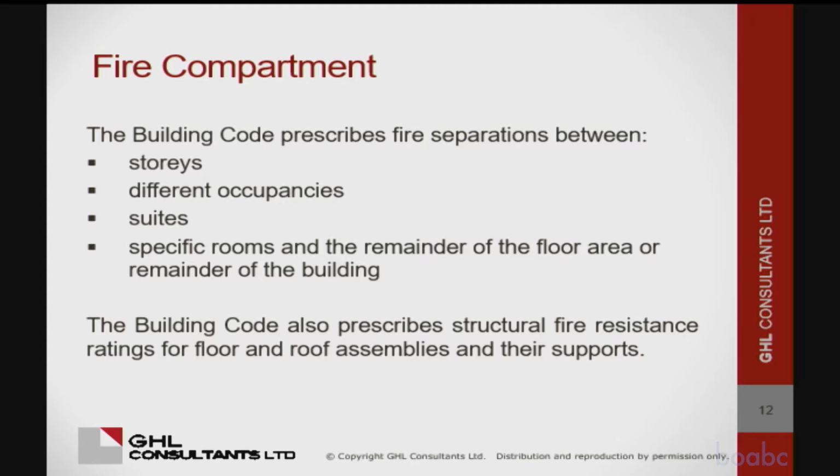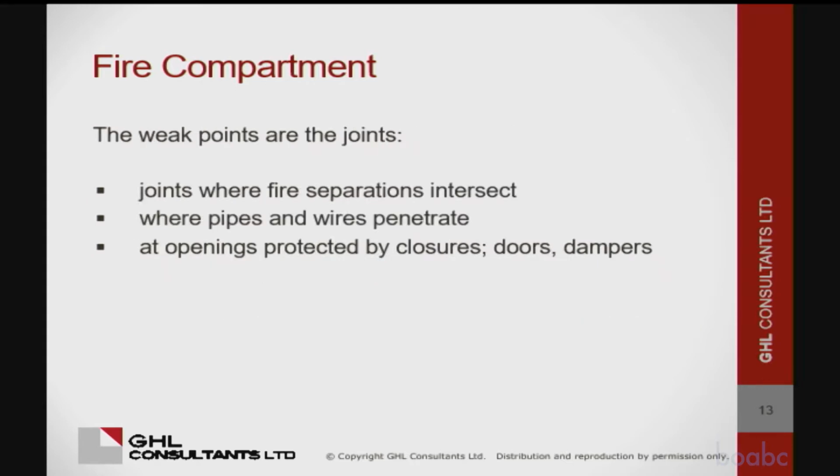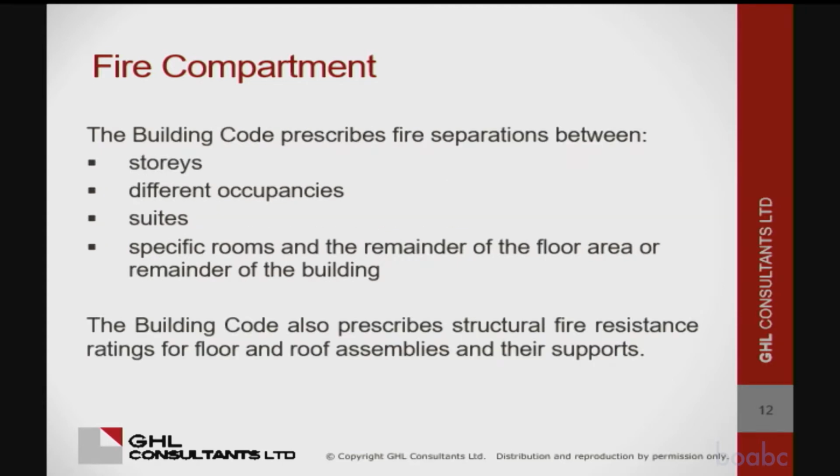The building code always wants the same fire resistance rating from both sides, but in reality, if you had a retail beside an assembly, the hazard is from the retail to the assembly. It's not so much in the other direction. Oh, and then in suites, between suites that are occupied by different tenants or under the control of different persons, in some specific rooms that might pose a little hazard in the building, and then, of course, the structural fire resistance for the floors and things.